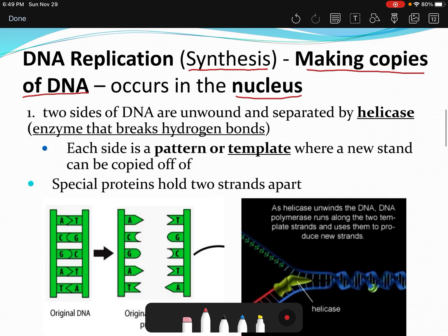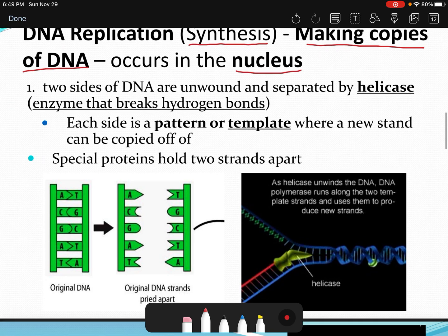So the very first step that has to occur, remember, DNA is a double helix. It's made of two strands of those nucleotides joined together. And they're joined together by hydrogen bonds between the base pairs, C with G, A with T. Well, the two sides of the DNA molecule are unwound and separated by an enzyme called helicase.